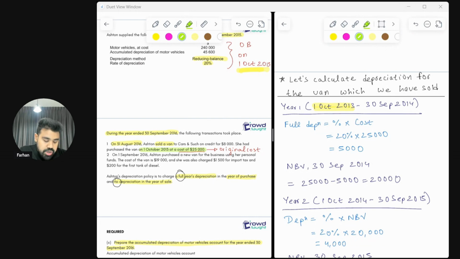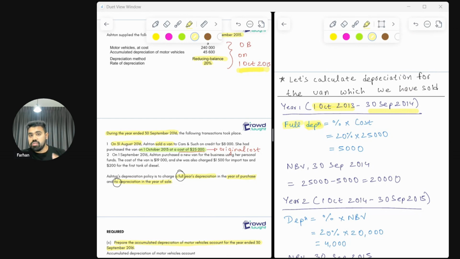She had purchased the van on 1 October 2013 at a cost of $25,000. All right, so the year 1 for usage of this asset will be from 1 October 2013 until 30 September 2014, okay? And based on the company's policy, in the first year, we are to apply a full depreciation.